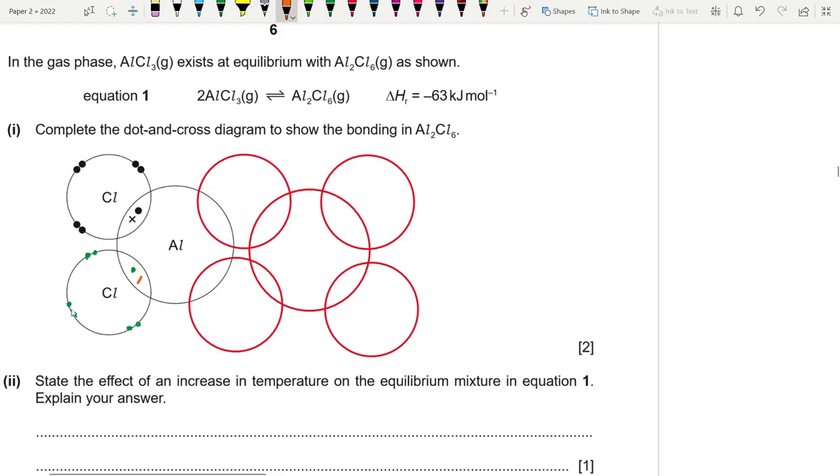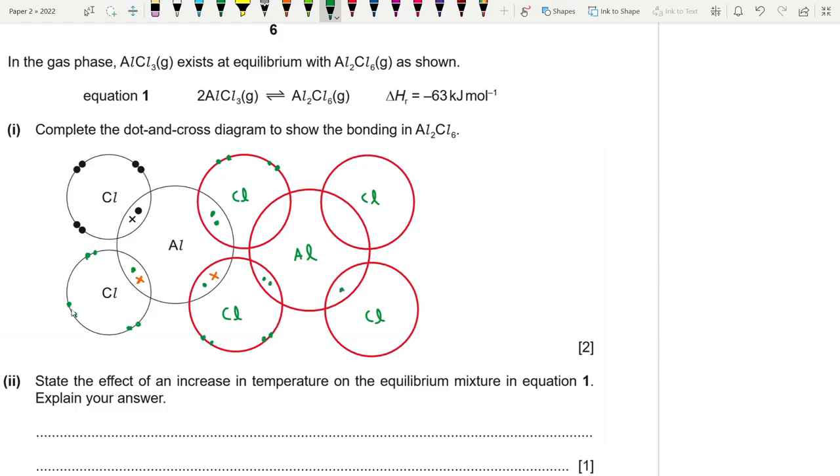So essentially, aluminium forms a single bond with three chlorine atoms. And on the other hand, it gets a dative covalent bond from another chlorine atom. That's how it works. So this chlorine atom will provide the dative covalent bond there.